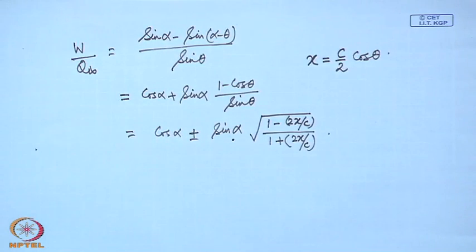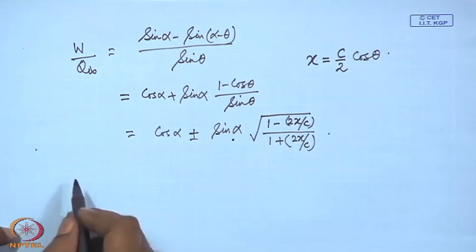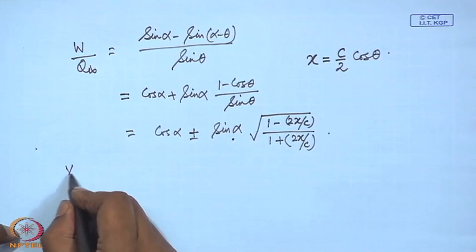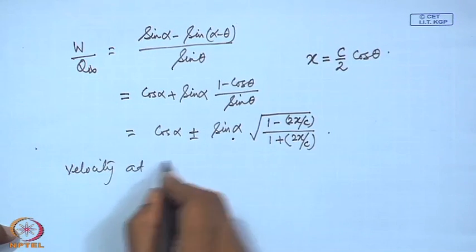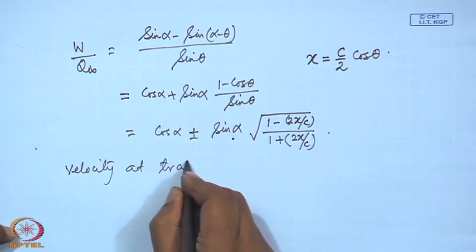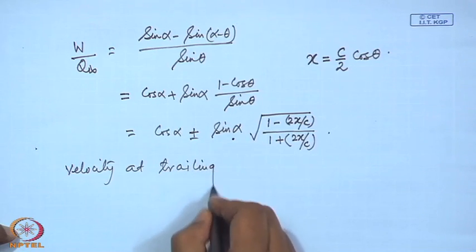What would be the velocity at the trailing edge?